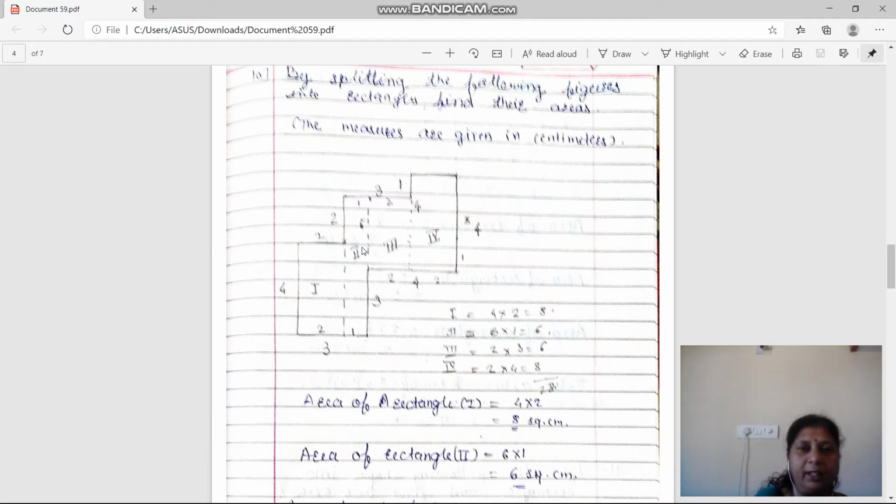If you see this line, it is the same as that, so from this to this point it is 2. Up to this it is 2, and from this point up to this it is 1. So 2 plus 1 is 3, and this straight line is 3.